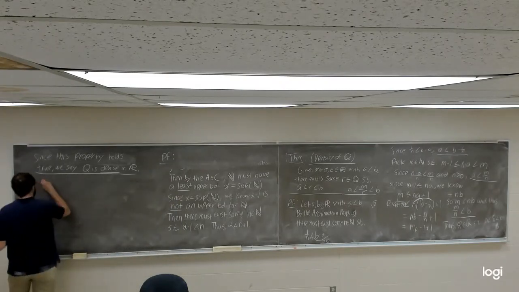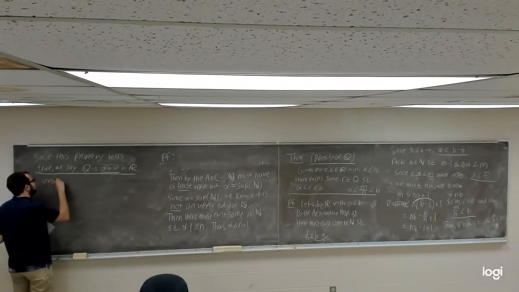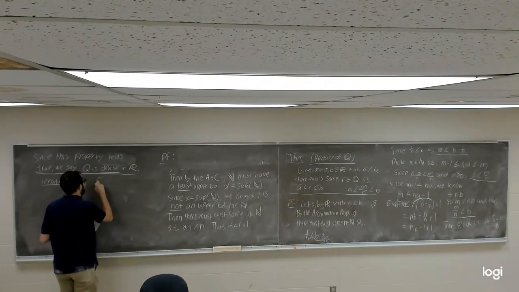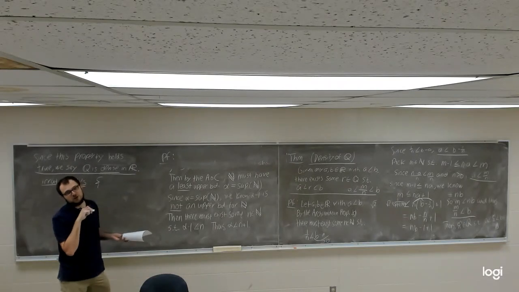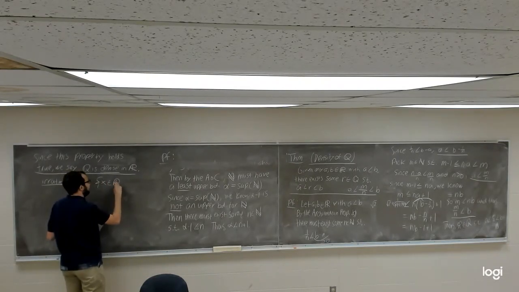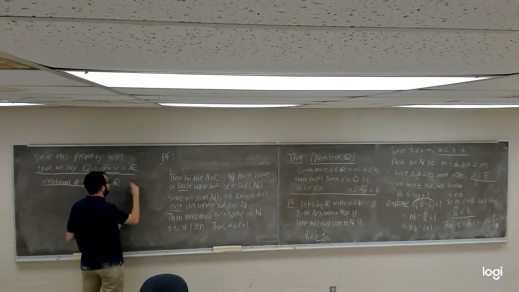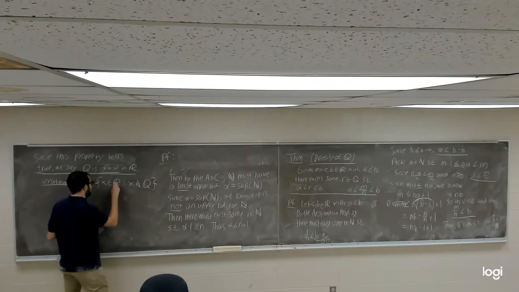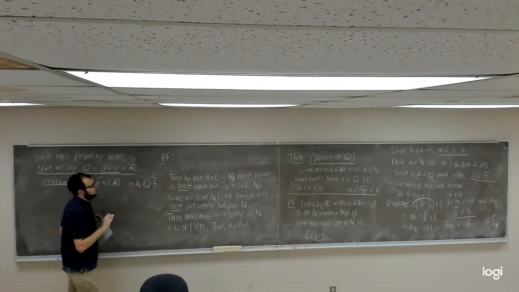So I'm going to define a new set here, which is the set of all irrational numbers. It's the set of all real numbers that are not rational. So the set of all real numbers x satisfying the property that x is not an element of Q. A set of all real numbers that are not elements of the rationals.